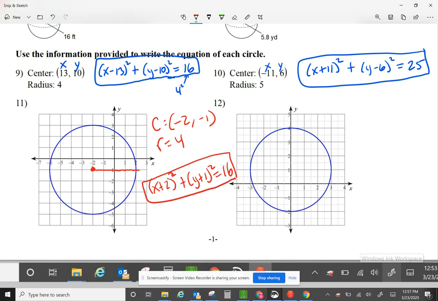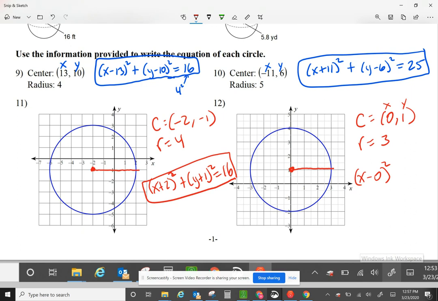Now looking at question number 12, the center of my circle, in this case, is the point 0, 1. Now the radius, I notice, is 3. So I'm just going to go for the equation of this circle. I know my x and my y value. Now I can write x minus 0 squared.